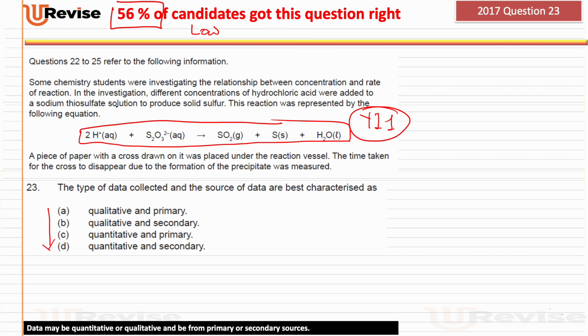Now let's look at what we have here. Qualitative and primary, qualitative and secondary, quantitative and primary, quantitative and secondary. So we need to know what qualitative, quantitative, primary and secondary data mean. When we are talking of quantitative, it involves numerical values.